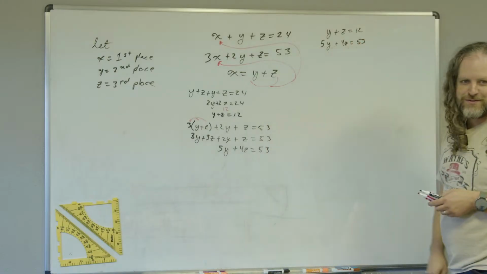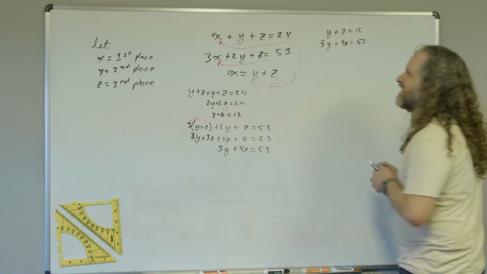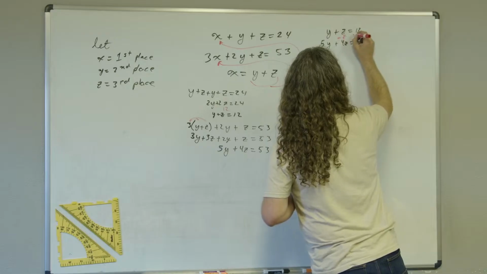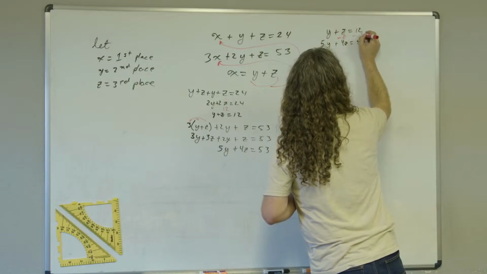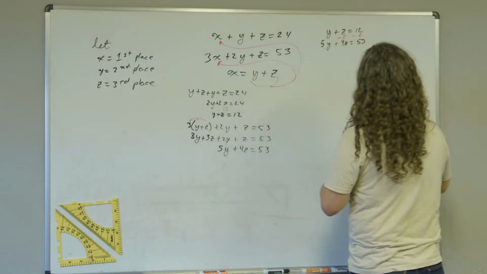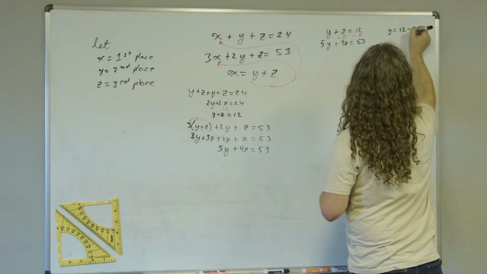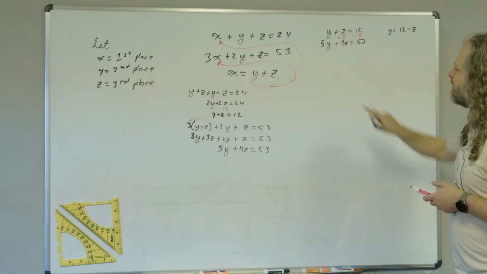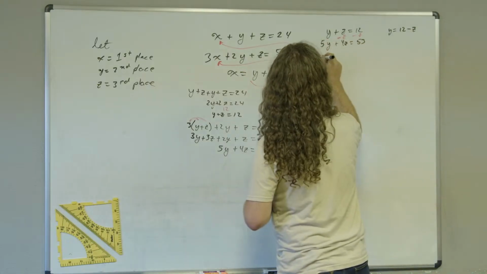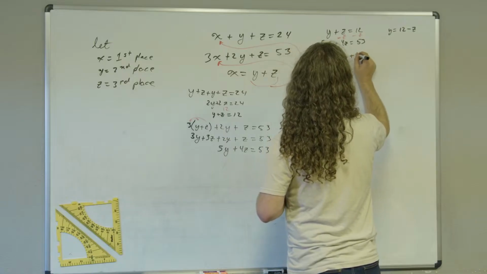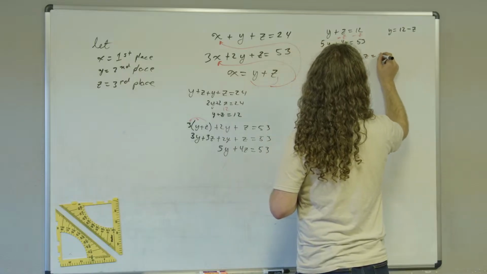So let's do substitution. So y equals 12 minus z. Plugged in over here, we've got 5 times 12 minus z plus 4z equals 53.